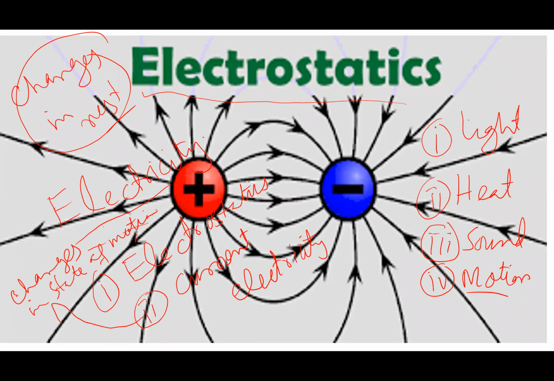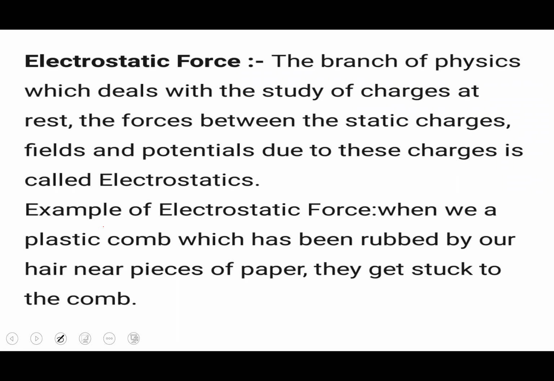Electrostatics is the branch of physics which deals with the study of charges at rest. The force between the static charges, field and potential due to these charges is called electrostatics.